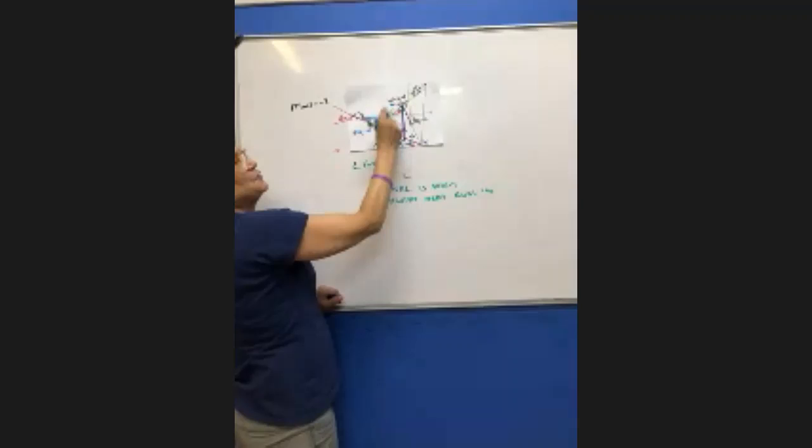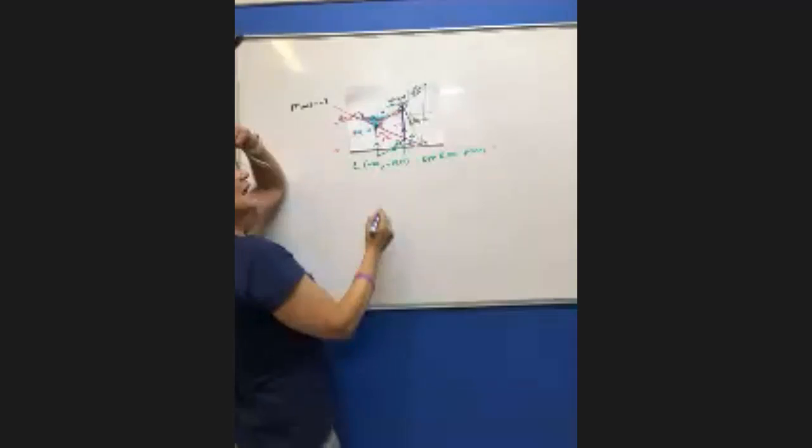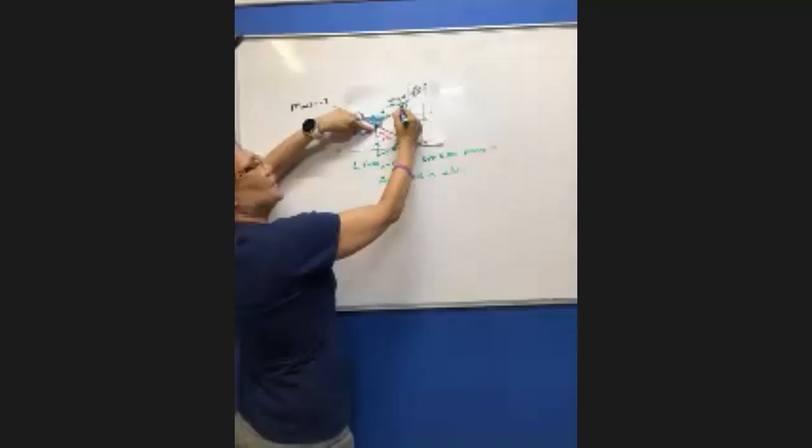And the reason is because opposite sides are equal. But look here, this is 90 degrees. The formula of a parallelogram is the base times the perpendicular height. Now, if this is 90, then from there is your perpendicular.